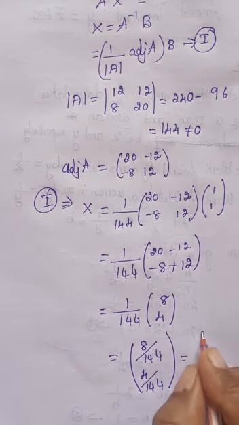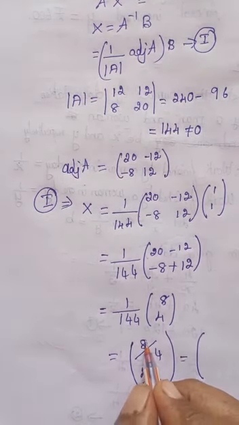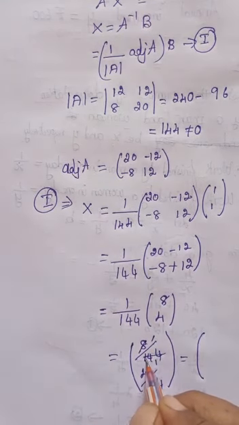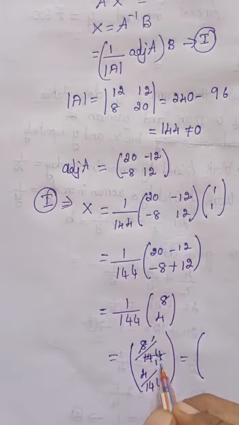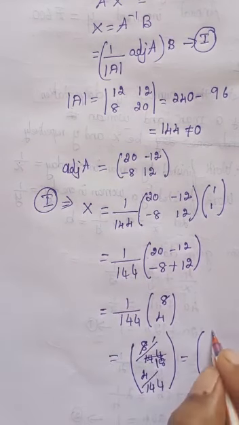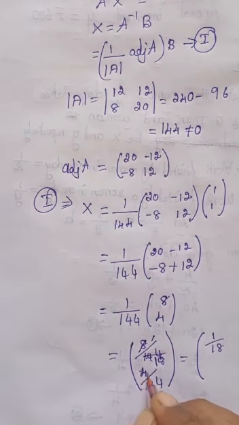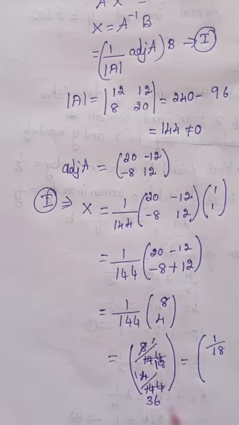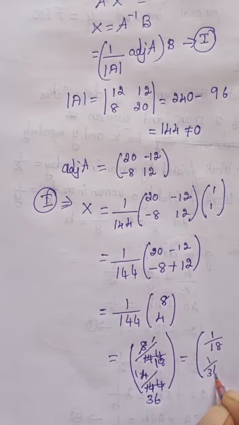So when we divide by 8, 1 8 is 8 and 8 8s are 64. So here we are getting 1 by 18. Here 1 4 is 4, 3 4s are 12, so 24. 6 4s are 24. So here we are getting 1 by 36.